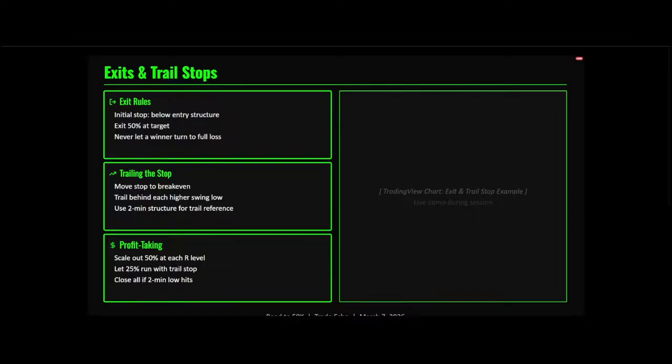I'll trail it with the 2-minute. That 2-minute structure is just for trail reference. Not every time will I use it. Just because price moved up a little bit, I'm not going to automatically trail it with the 2-minute.